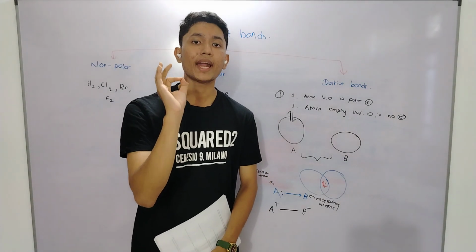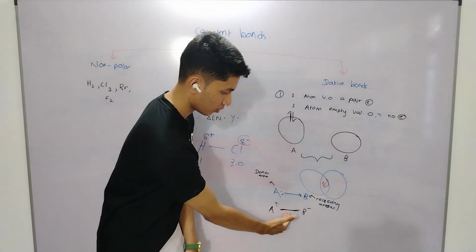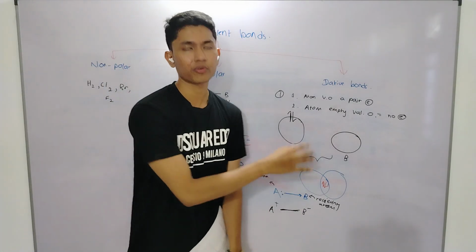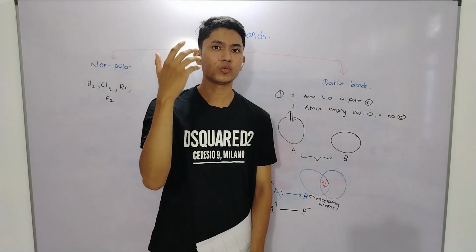Therefore you cannot differentiate a dative covalent bond from a normal covalent bond. Both of them are similar.